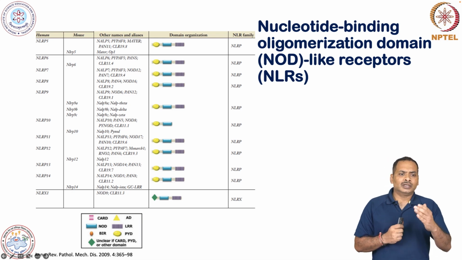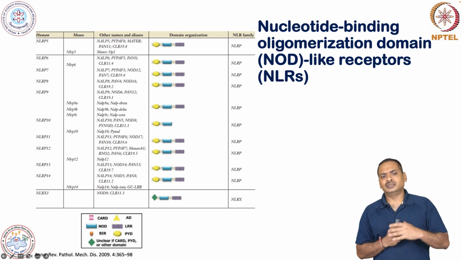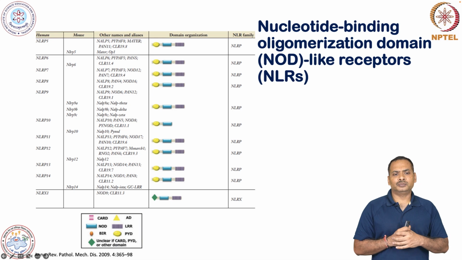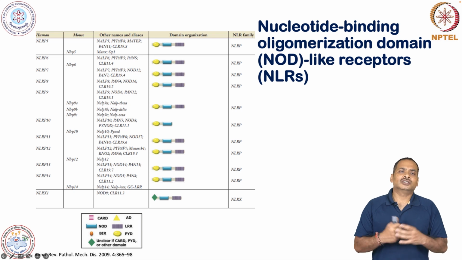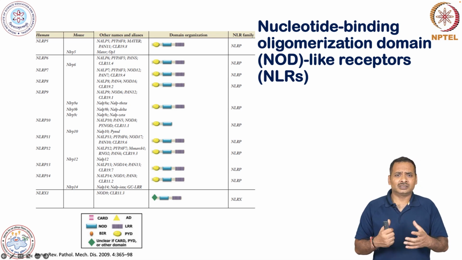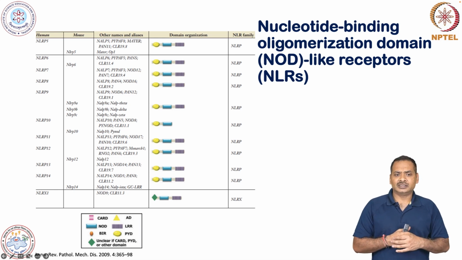The last member is NLRX1, which has a NOD domain and leucine rich repeat domain, and there is some region which is not very well defined and will fall into either a CARD domain or a pyrin domain. It is not very well characterized.